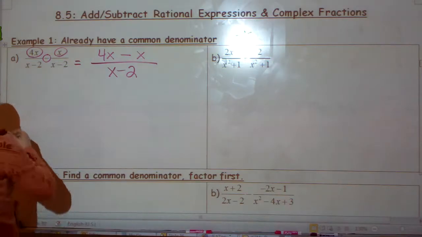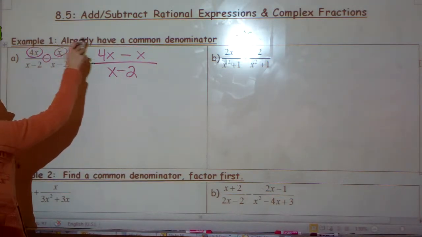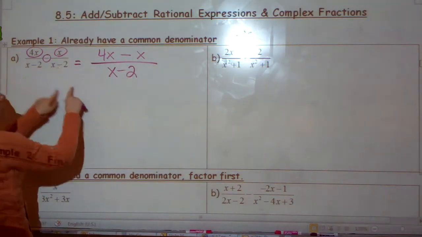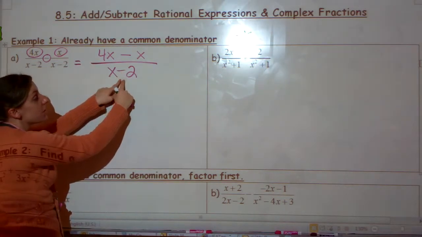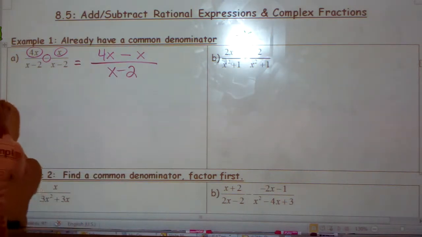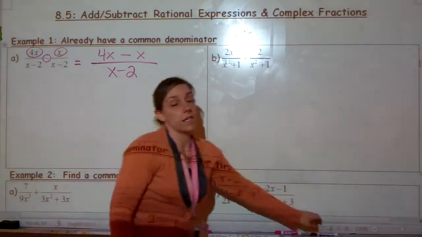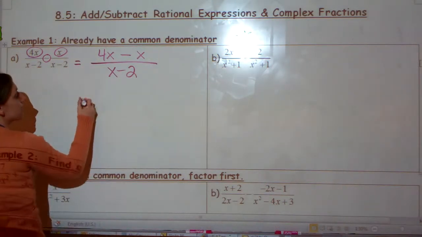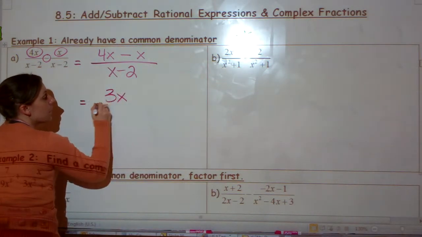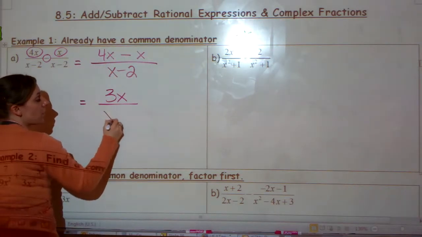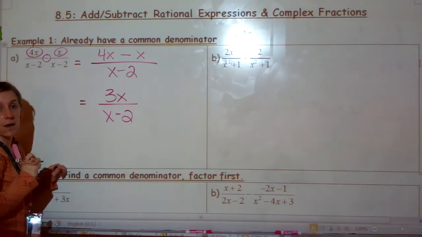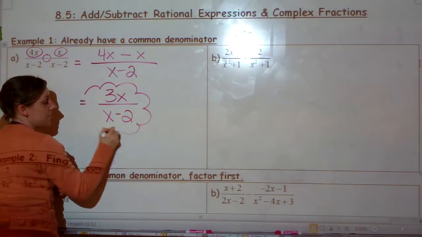Okay? So we just go through and we subtract or add the numerators once we know that the common denominator matches. That really means there's just one denominator right there. Okay, so then 4x minus x, we know that that is just 3x. So we can put the numerator together over that common denominator, and that would be our answer.